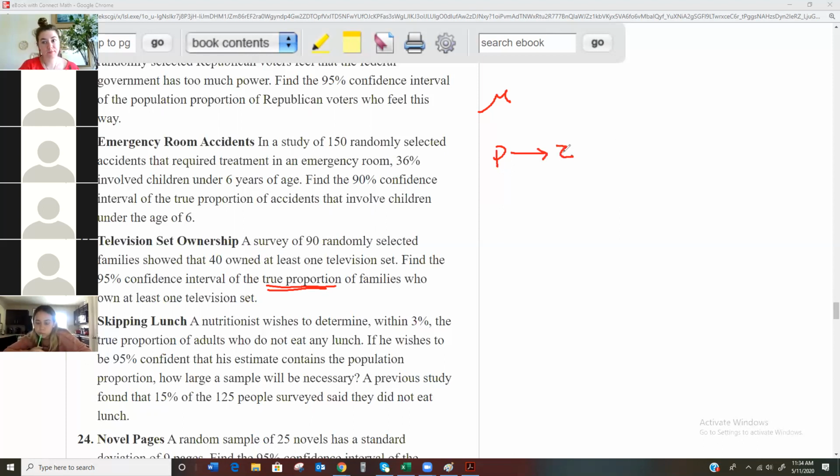Z. Okay. And let's see if I can remember what the formula is. It should be P hat minus Z sub alpha over 2 times the square root of P hat Q hat over N. That's on your card. You don't have to memorize it. I've just done it so many times.